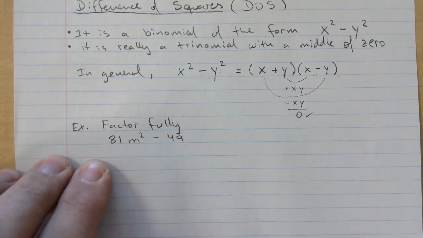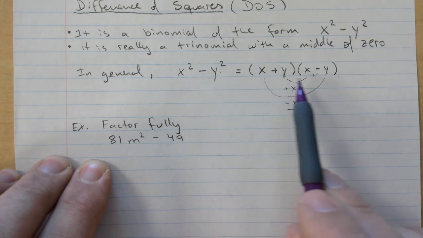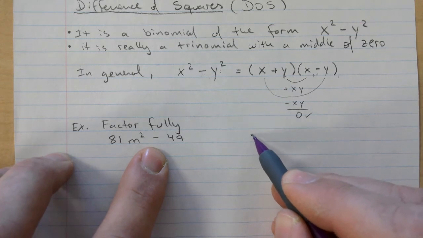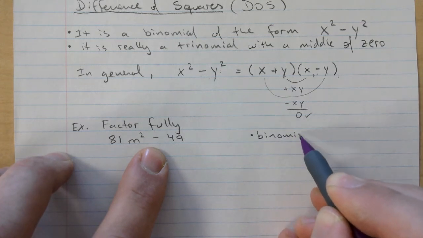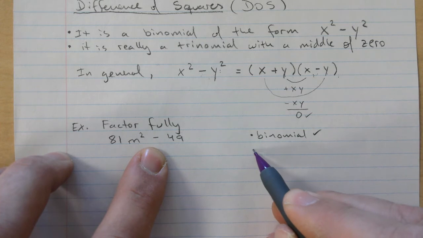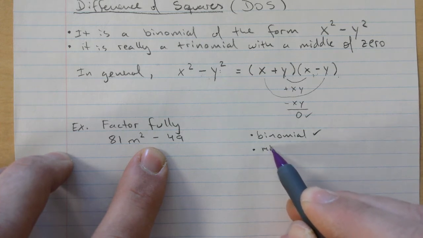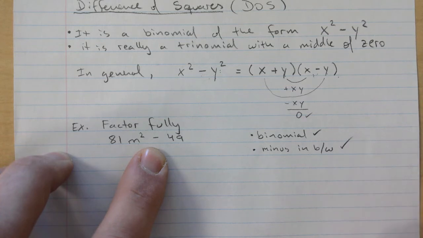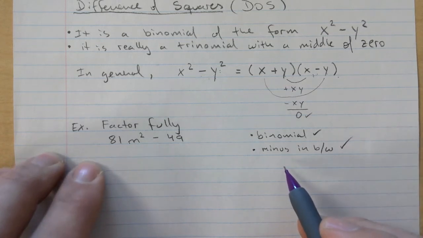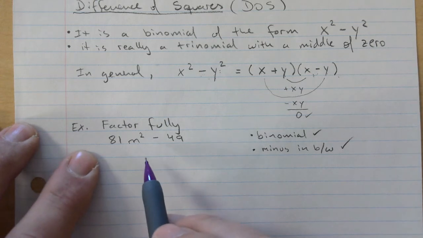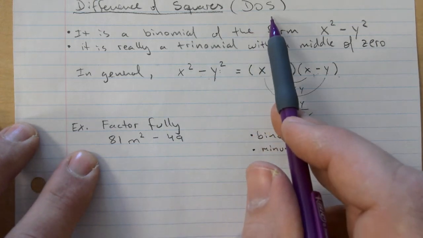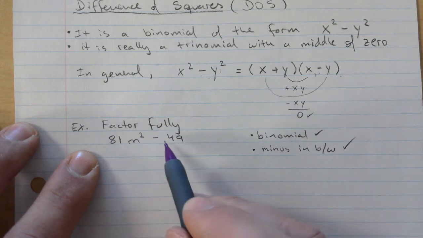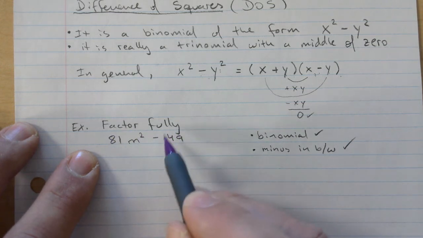Okay, so how do you know if this is a difference of squares? Well, it's a binomial. Check. Minus in between. Check. What else do we have to check for? Well, think about it. It says difference of squares. So we have to check if the first term is a perfect square and if the second term is a perfect square.